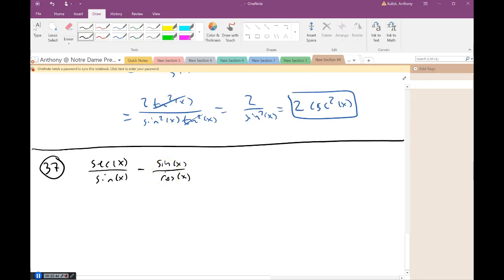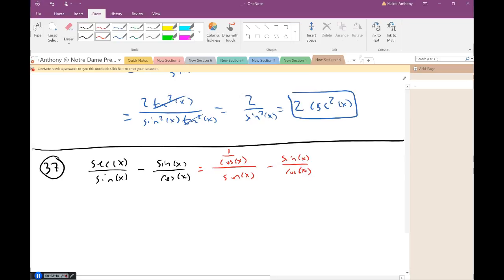What do you guys want to do as your first step for this problem? Okay, we can do that. Now, it's not a bad idea to do this, but so we have that.